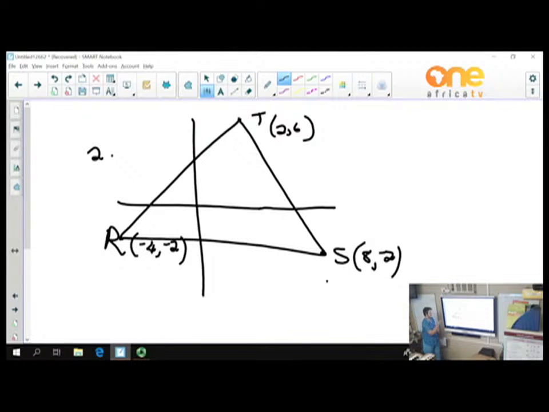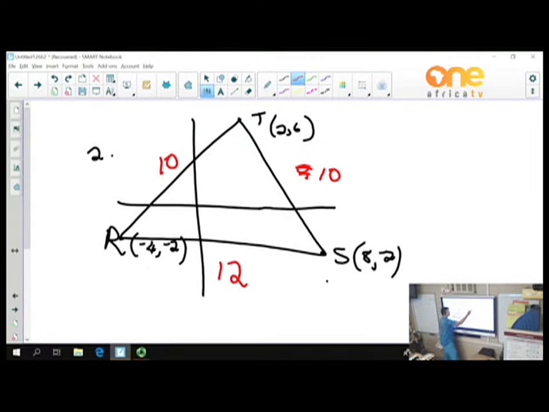Now the perimeter means I need all 3 sides. And for the area we will have to do the same that we did just now. So what is the length of your RS? 12. What is the length of your ST? 10. RT? This one is 9. Is it also 10? So how did you get 9?